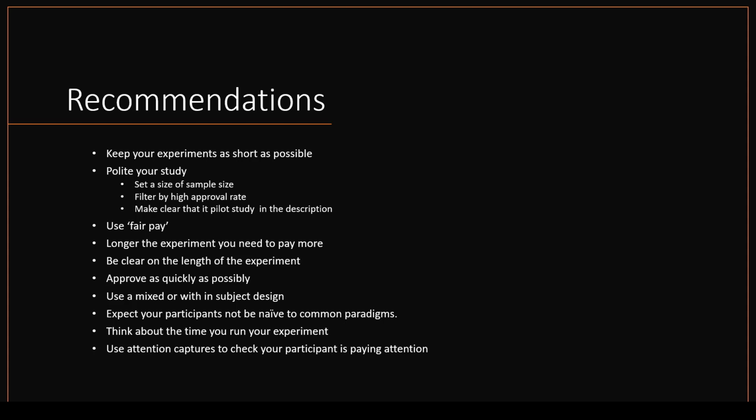Use fair pay, which is what Prolific recommend, because you will get better quality participants. Be clear about the length of your study, which you can find out by piloting it, and it will update it. Try to use a mixed or within subjects design rather than between, and that way you control for things like browser issues.